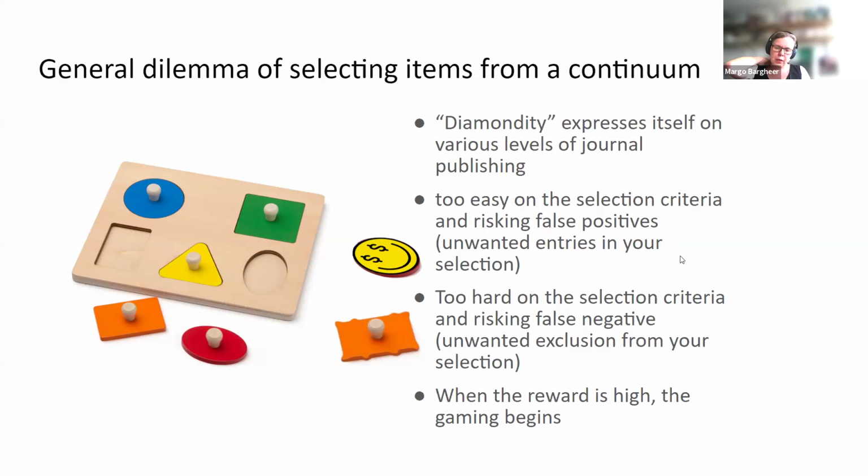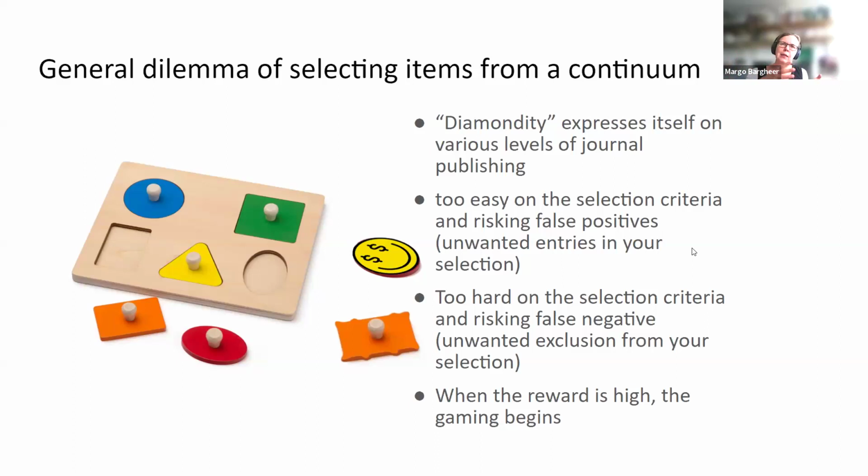And we've seen with other selections, such as the Directory of Open Access Journals, when the reward is high, the gaming can begin. It doesn't necessarily begin, but if there is a reward included in being listed somewhere, some people might want to game the thing, and that means the selection criteria need to hold for this.